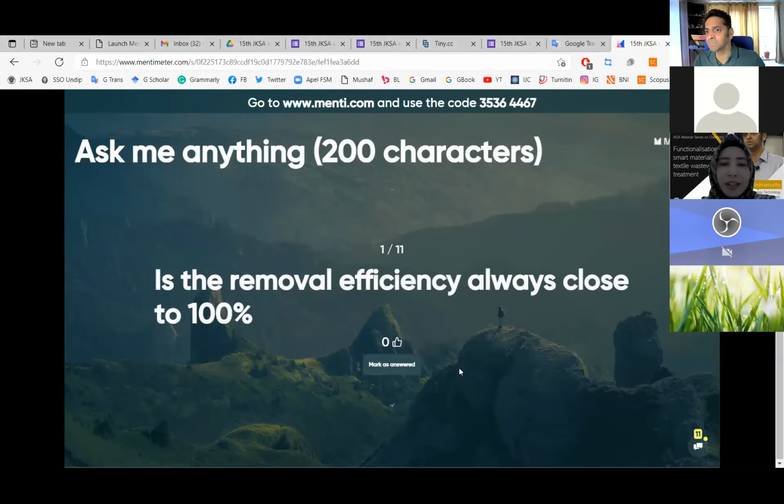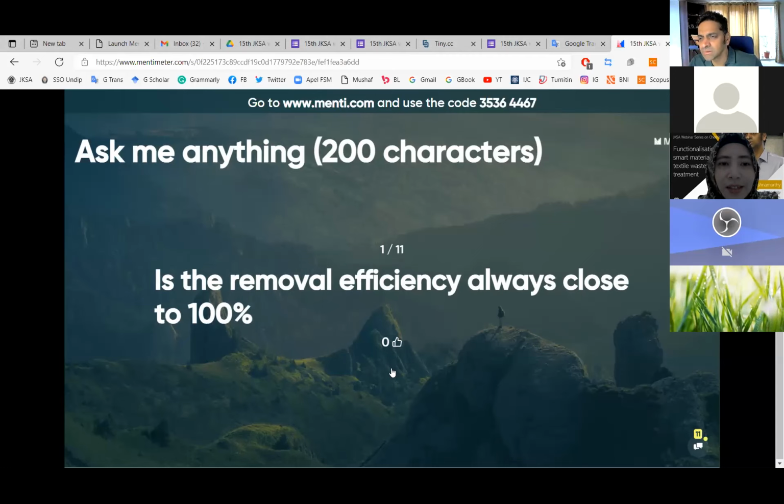Okay, next question. Is the removal efficiency always close to 100%? Professor Satheesh, can you see the screen share? Yeah, I can see.